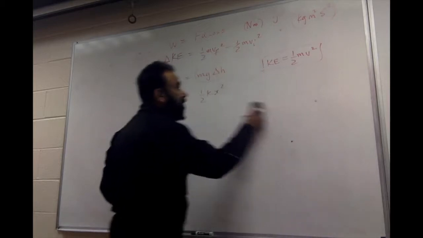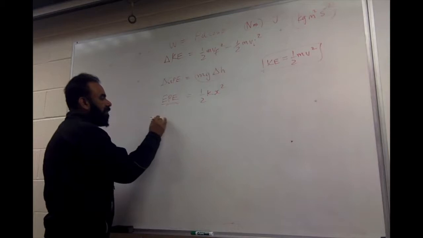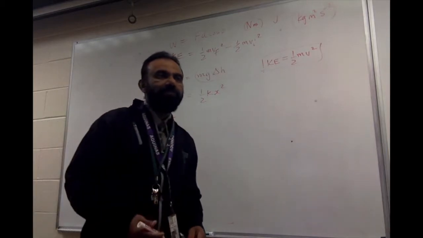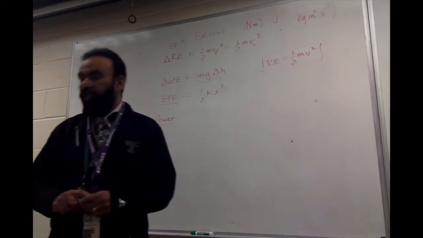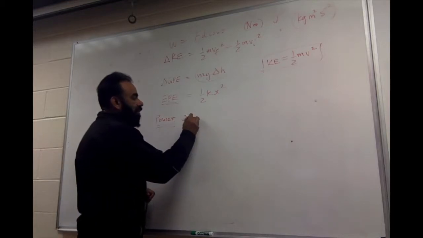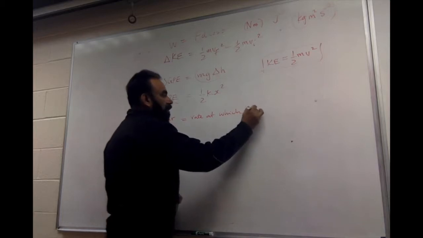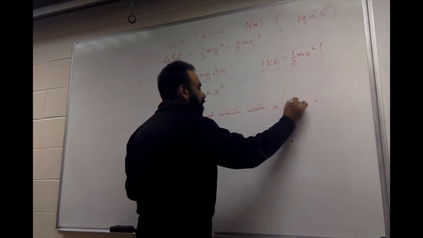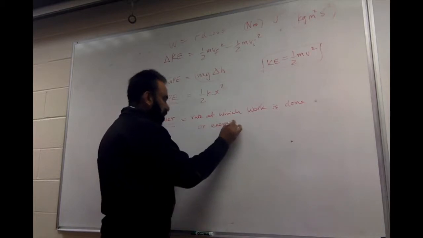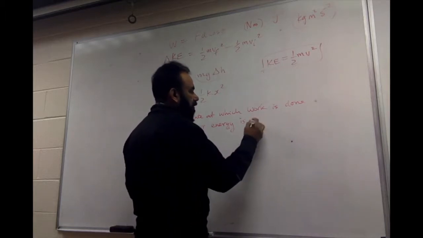We will go through a bunch of problems after this. So the next concept is power. Power is not that difficult. Power is the rate at which work is done or energy is expended or used.